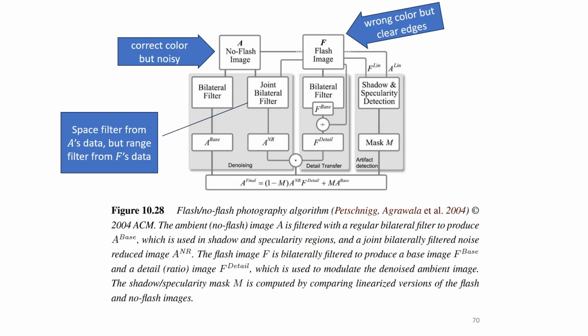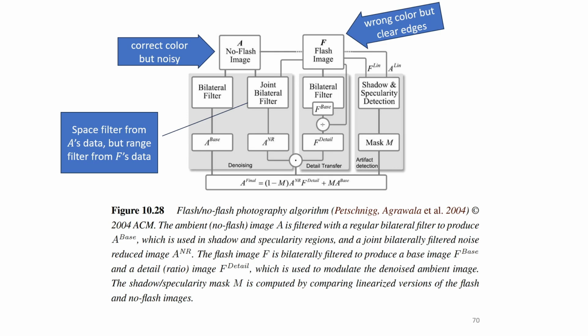Why? Because although the color is incorrect, the intensity is good. So the intensity information from the flash camera is still useful. It will be used to measure the similarities between two pixels. So it will be used for the range filters.